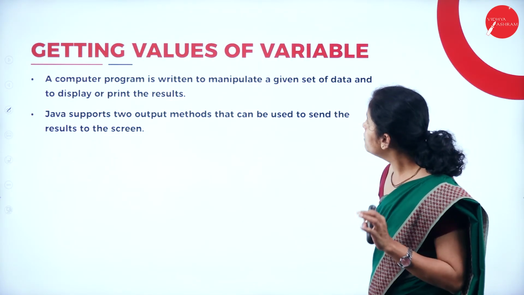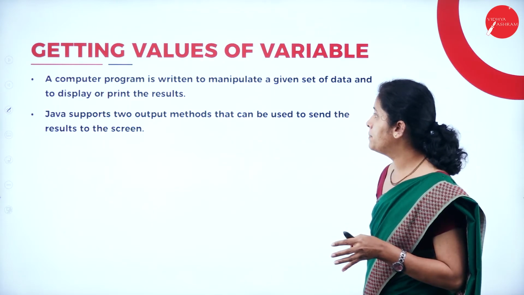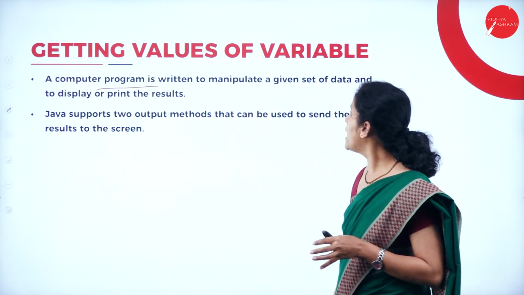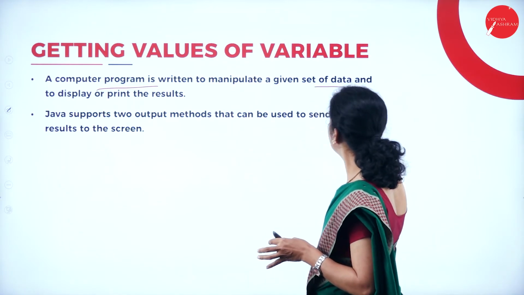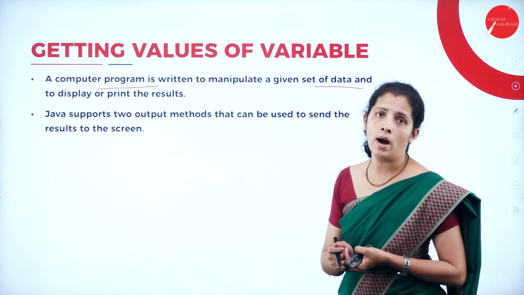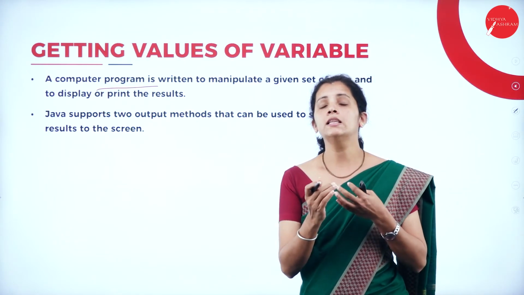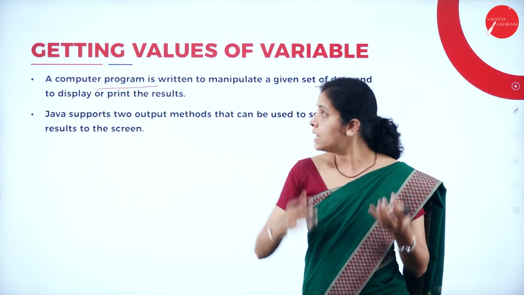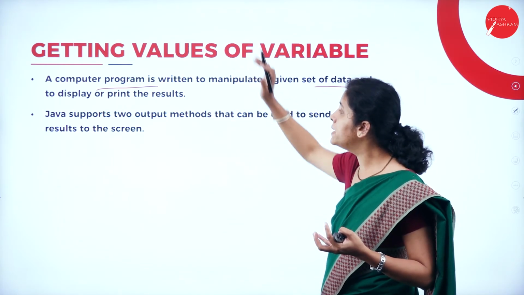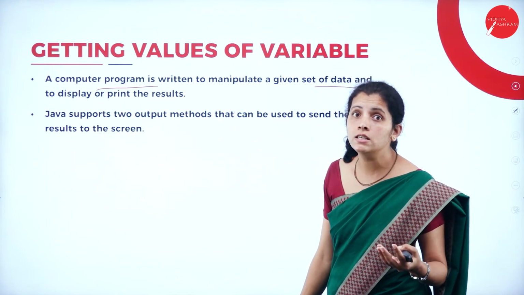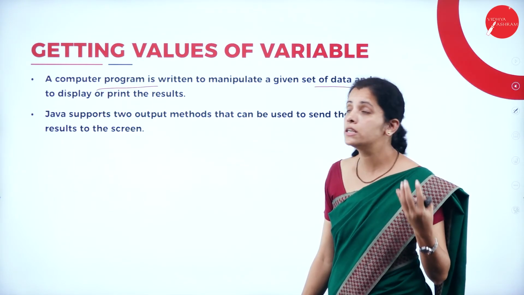Now, getting values of variables. A computer program is written to manipulate a given set of data and display or print the value. Till now we were discussing how to read the input. Now, how to display the output, how to print the result, how to show the result.